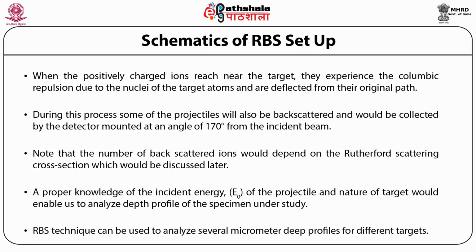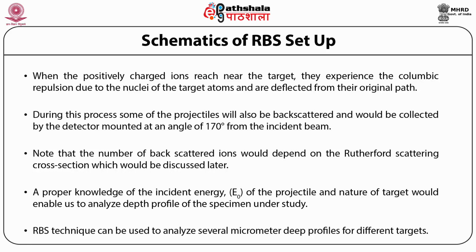The RBS technique can be used to analyze several micrometer deep profiles for different targets. The backscattered electrons generate an electron signal which is amplified and processed by digital electronics.